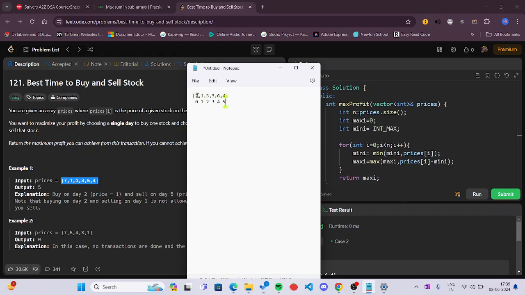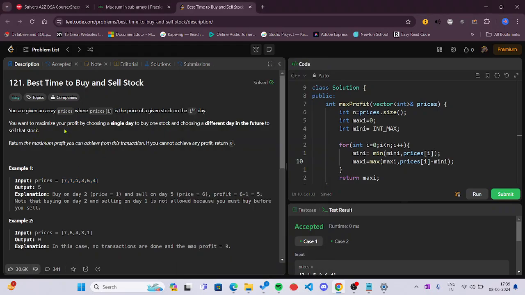So 7 was the price of the stock on the 0th day, and on day 1 the price of the stock was 1, on day 2 the price was 5, on day 3 the price was 3, and similarly 6 and 4. So you want to maximize your profit, right?